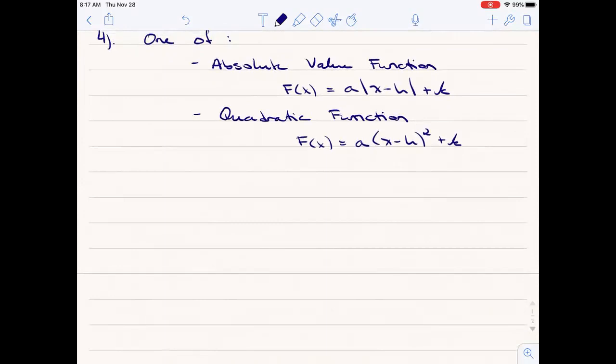So one of these, to find the vertex, the zeros, the slopes, the y-intercepts, although both have 2 slopes.